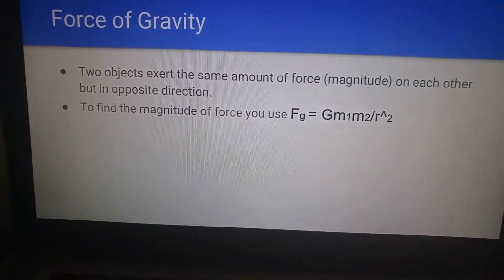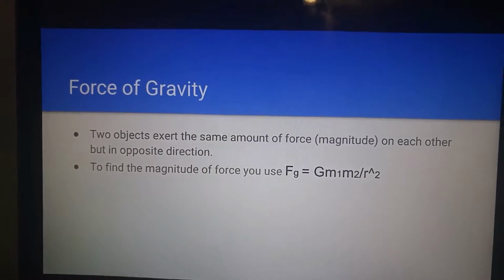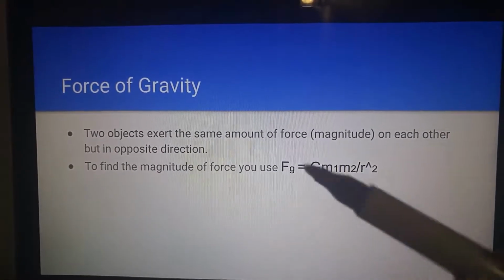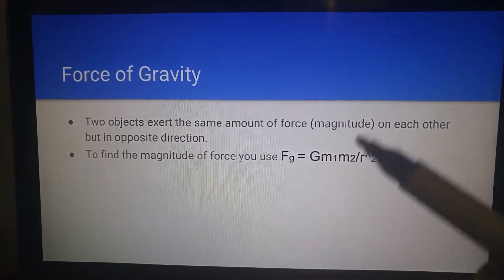So, diving in, we're going to go into force of gravity. When there are two objects, they exert the same force on each other. The magnitude is the same, but it's in the opposite direction. Let me show you. There's A and there's B. Let's label them.